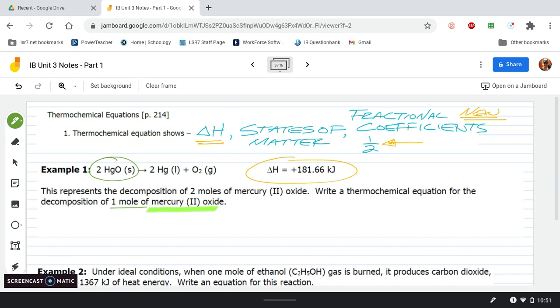We have to get that to be a 1, because they're saying change the HgO from a 2 to a 1. That's what they're saying, right?